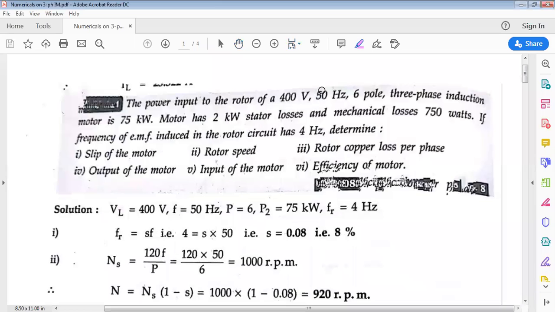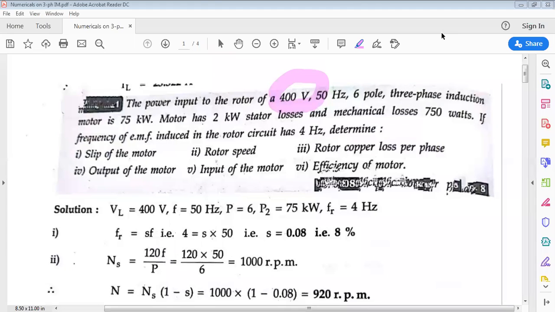What is 400 volt? It is the input voltage to which winding? Stator. Very good. Is it a line voltage or phase voltage? Three-phase AC supply, so you will consider it as a line voltage.